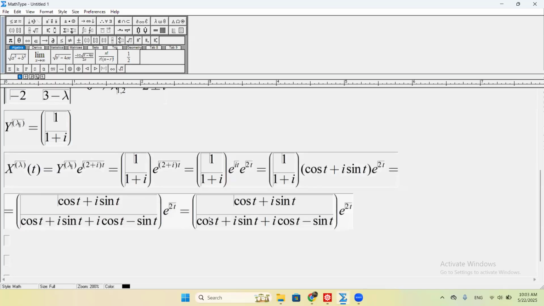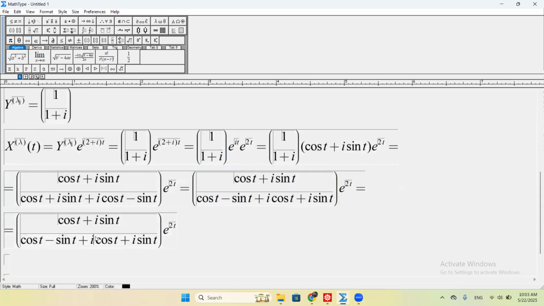Then let's regroup and separate the real and imaginary parts. So moving i out of brackets.